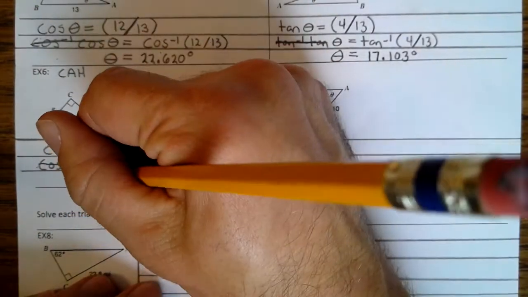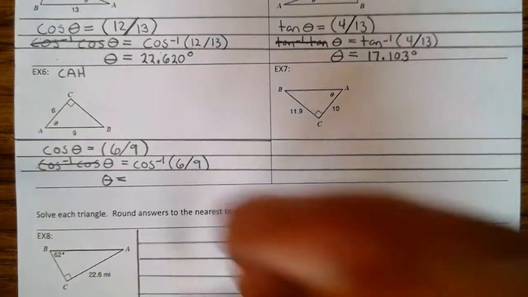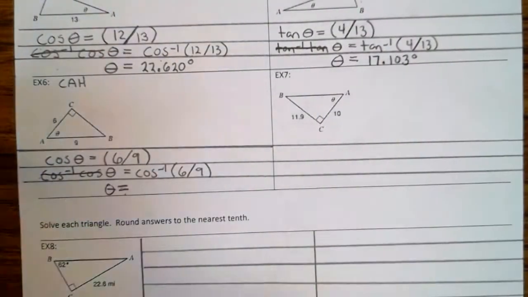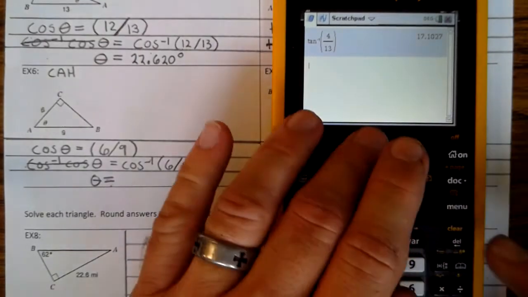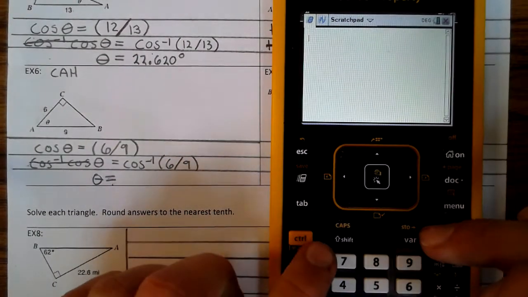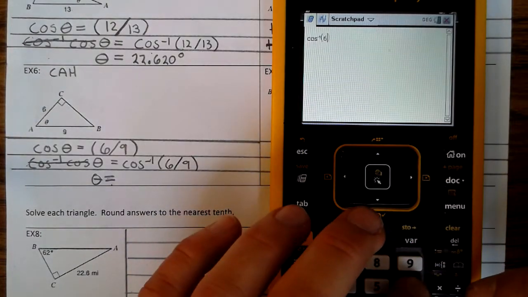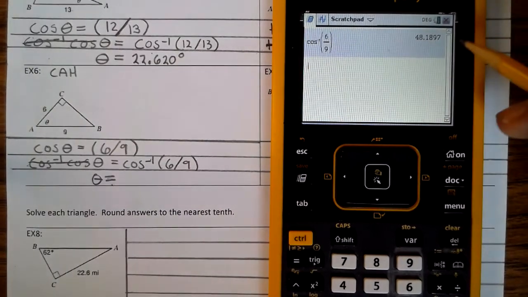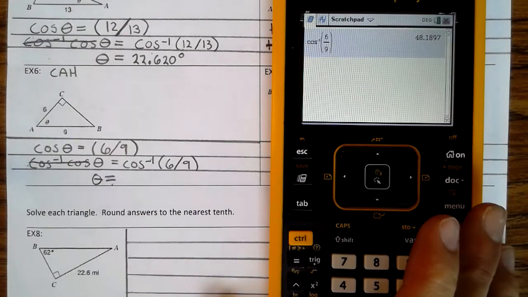So then you're left with theta equals cosine inverse of 6 divided by 9. So I had to put that in the calculator. Delete this. So we do trig, cosine inverse of 6 divided by 9, and that's 48.19. The 9 makes it round up, so 48.2 degrees.